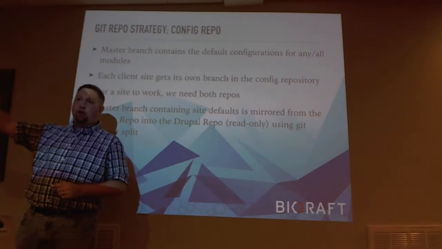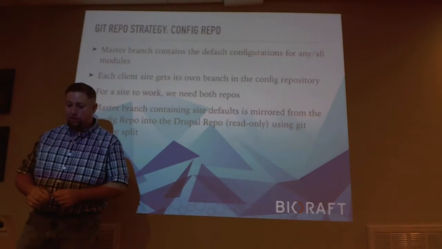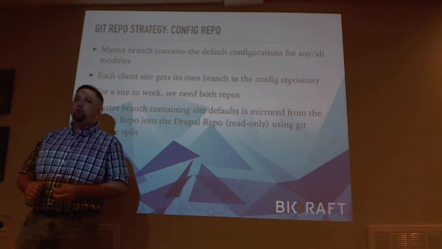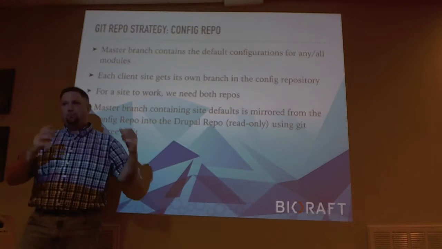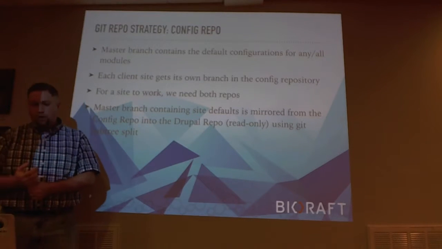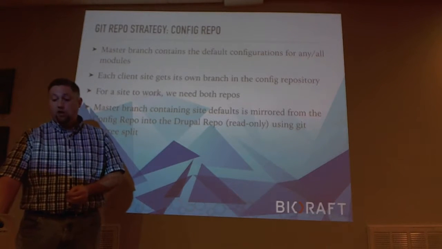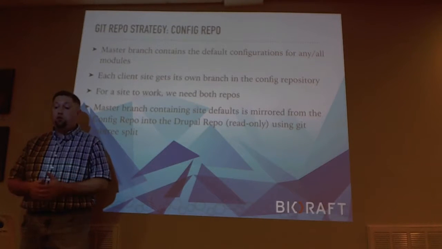It goes over and is represented in your other repository. It can't be touched, but that's where you go and create your branches off of that. And one of the tools that you could use for that is Git subtree split, which allows you to take just a part of your Git repo and split it off into something else. There are config tools like the config tools module, which will auto commit configuration changes to your Git repo, which is really, really cool.